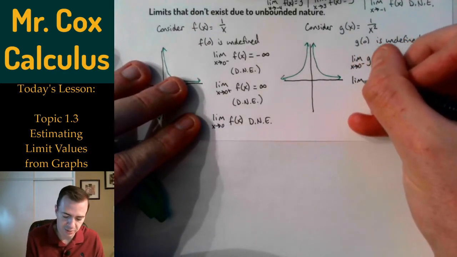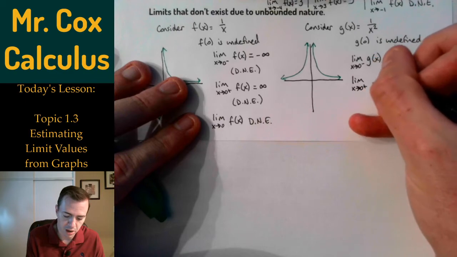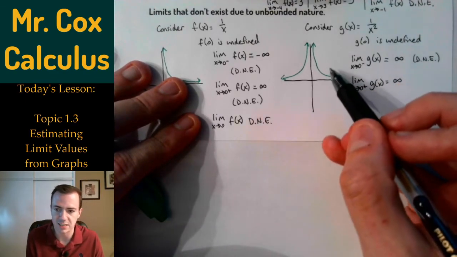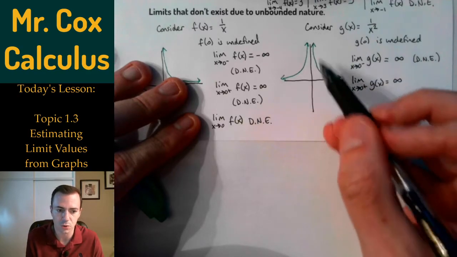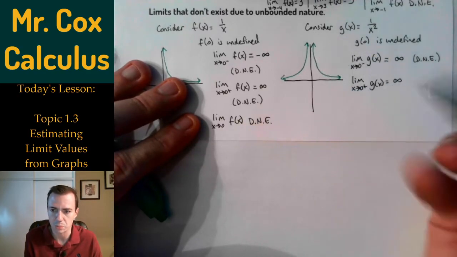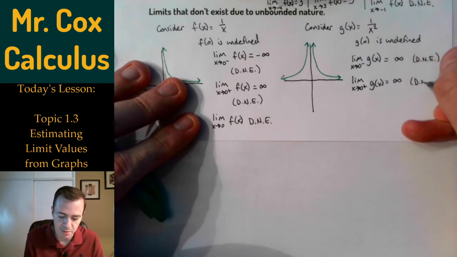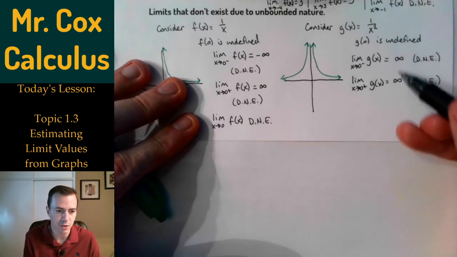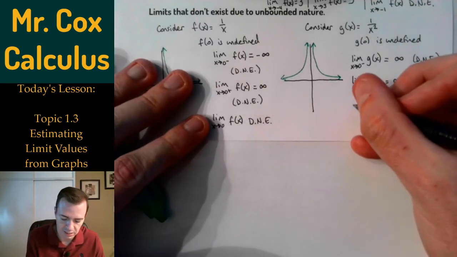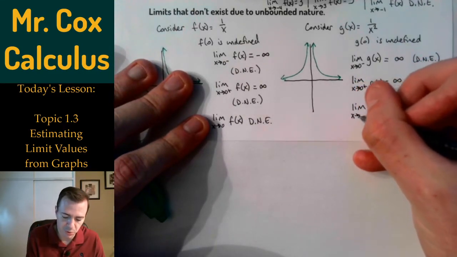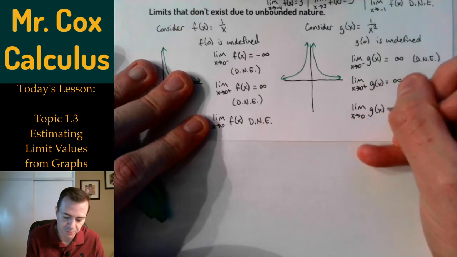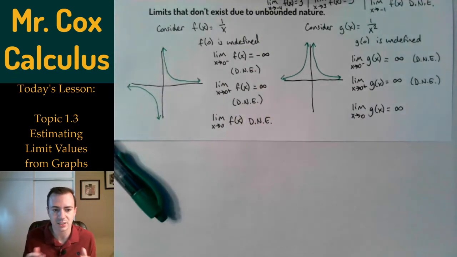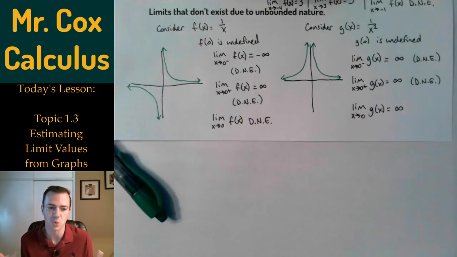Well, the limit as x approaches 0 from above of this function g of x is also headed to infinity. As I trace this from the right, it's also growing unbounded towards positive infinity. Again, that implies that the limit does not exist, but because both of these values are headed towards infinity, we can say that the limit as x approaches 0 of g of x is infinity as a way of describing that, hey, as x gets smaller and smaller, the function heads towards infinity.